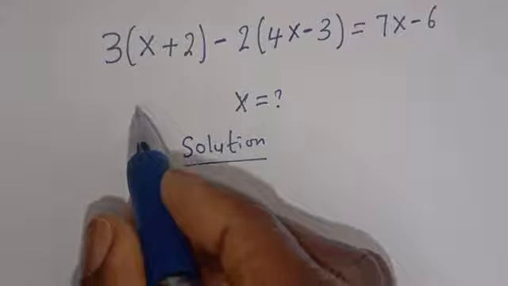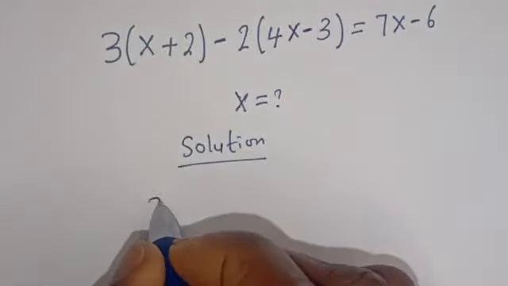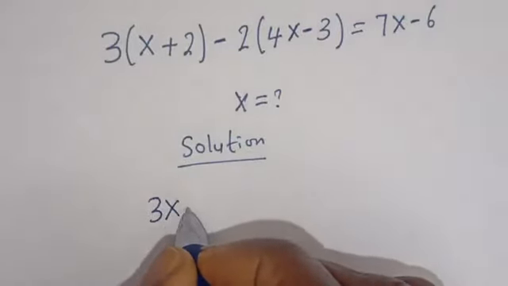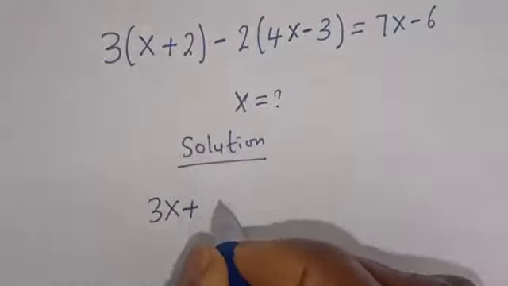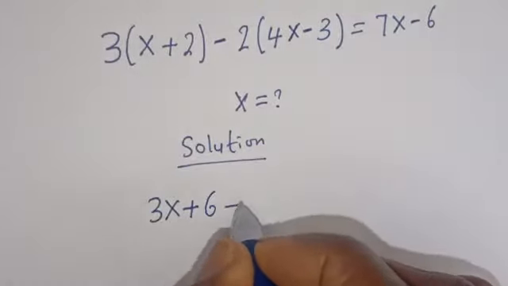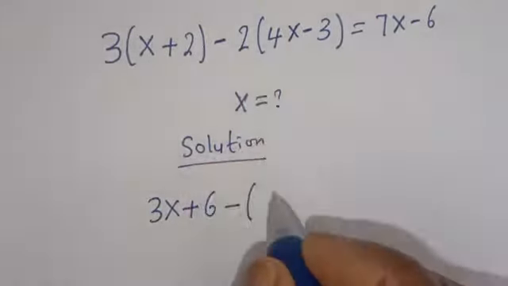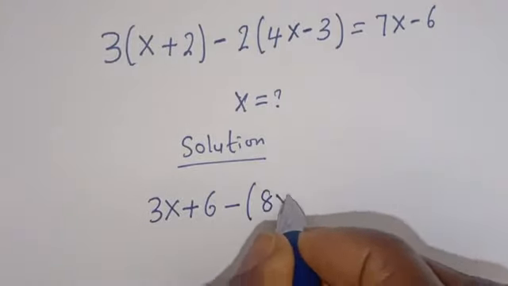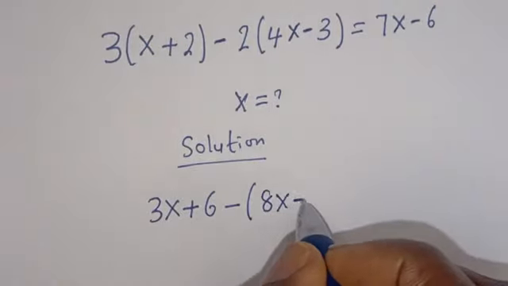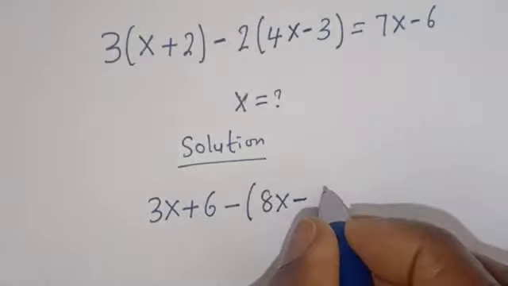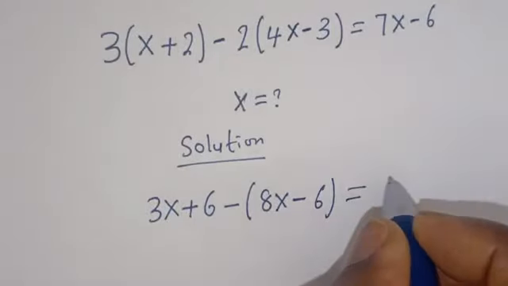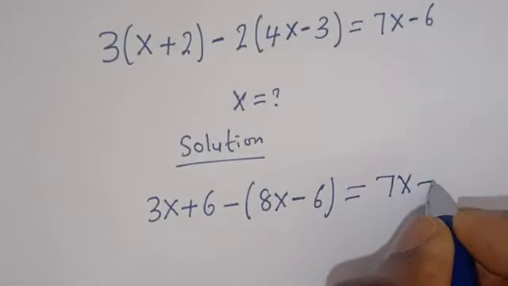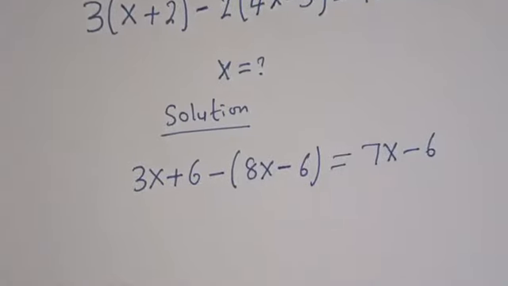Solution. Let's open the bracket. 3 times s, we have 3s, then plus 3 times 2, that is 6, minus 2 times 4s, that is 8s, then minus 2 times 3, that is 6, is equal to 7s minus 6.